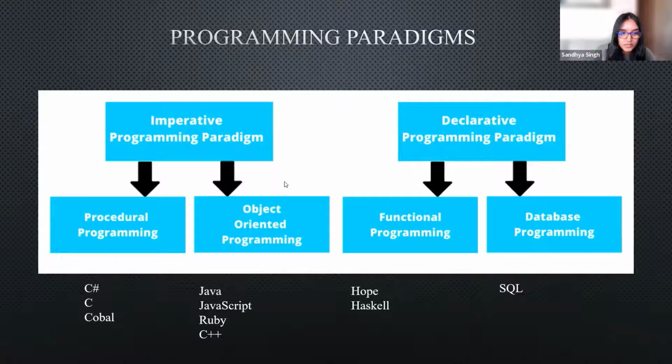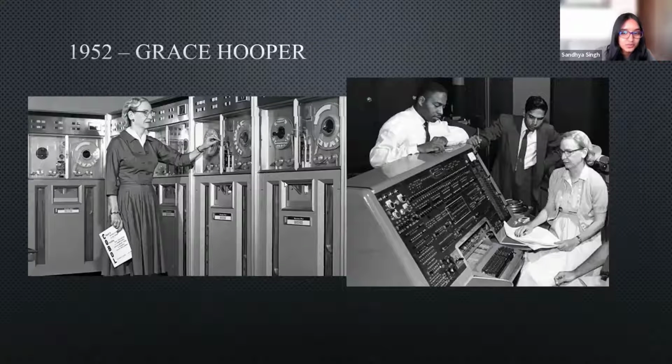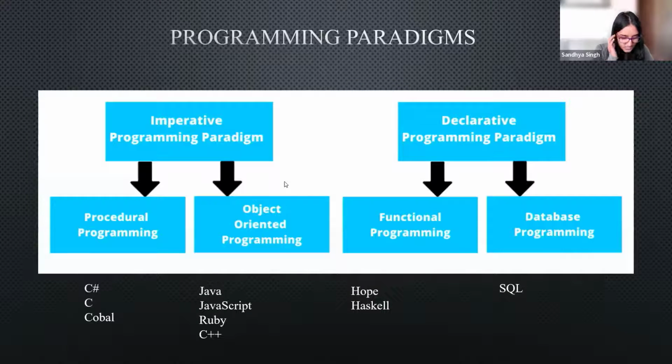Examples of that would be C#, C, COBOL. Then in 1952, Grace Hopper developed a system that could convert plain text into computer code. This would later become COBOL, which we use now for data processing.